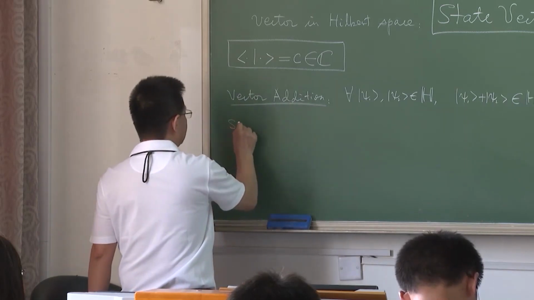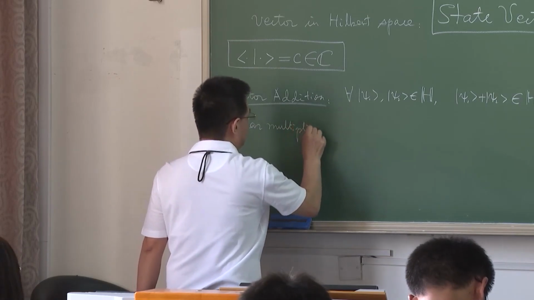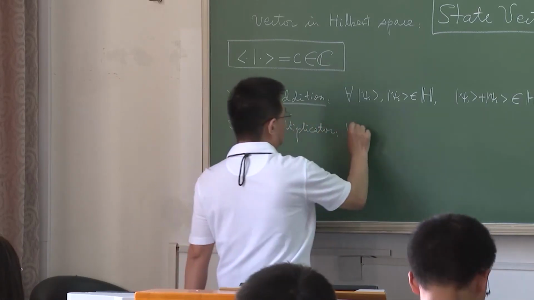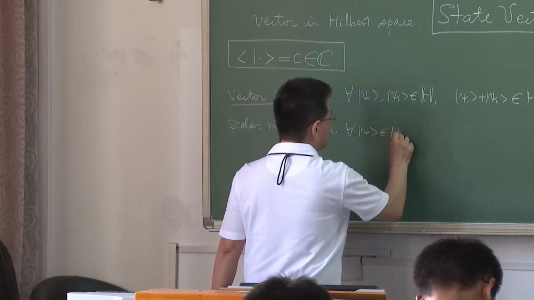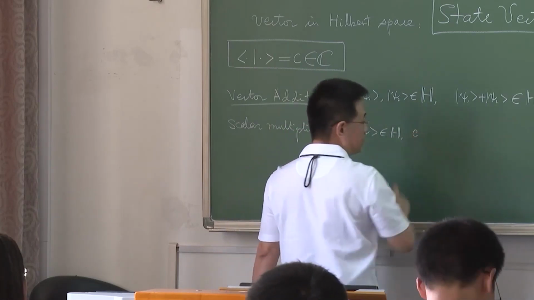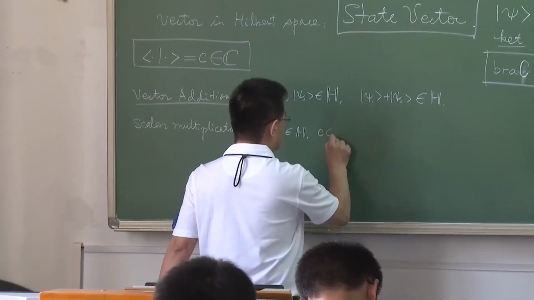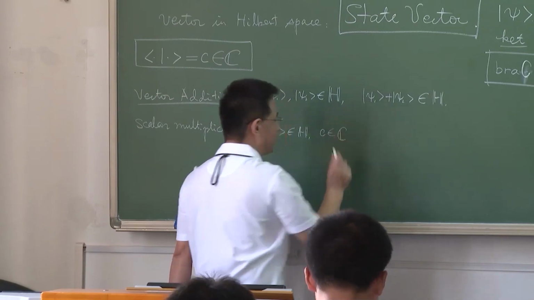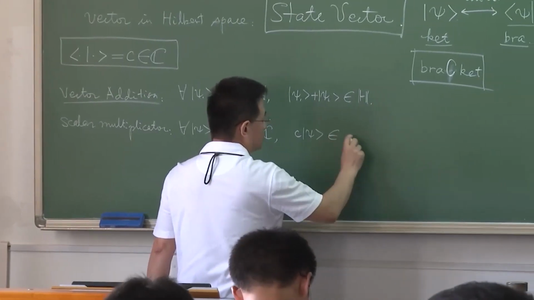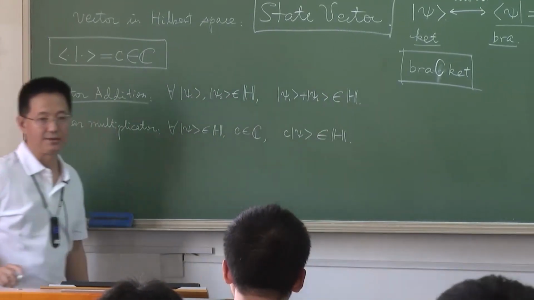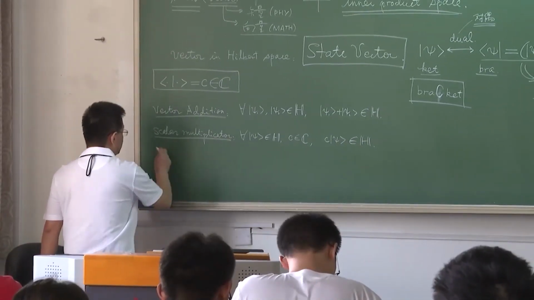And also we have the scalar multiplication. For arbitrary psi belonging to the Hilbert space, and c is a c-number, it's a scalar, it belongs to the complex numbers, then you get c psi also belonging to the Hilbert space. So that is the scalar multiplication. And also we have the inner product, of course.